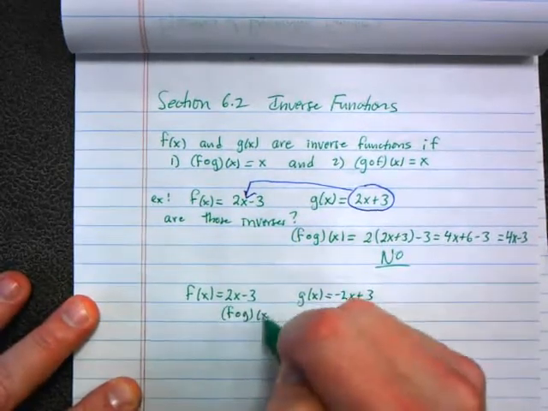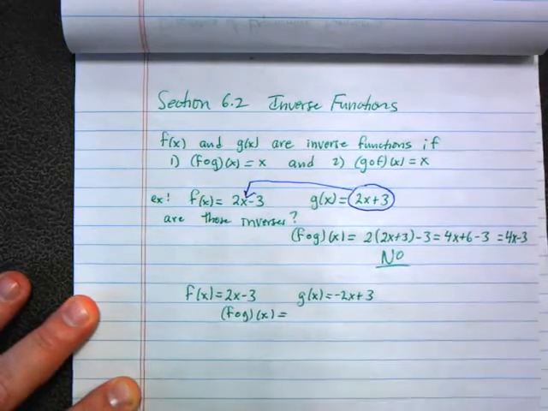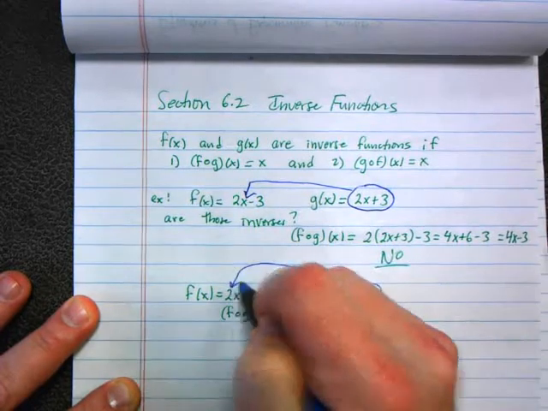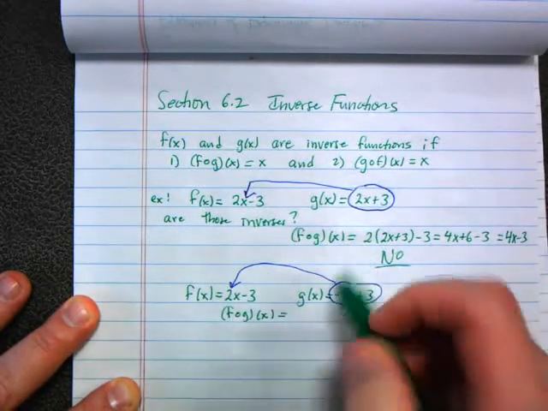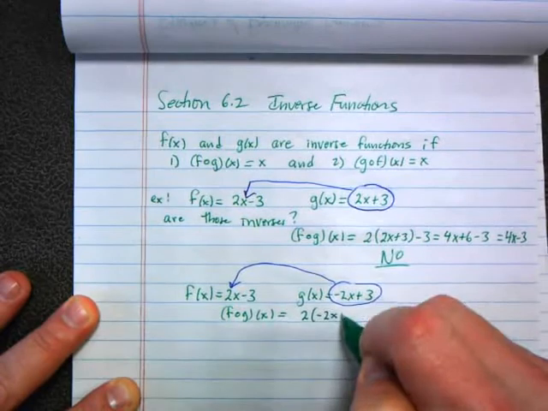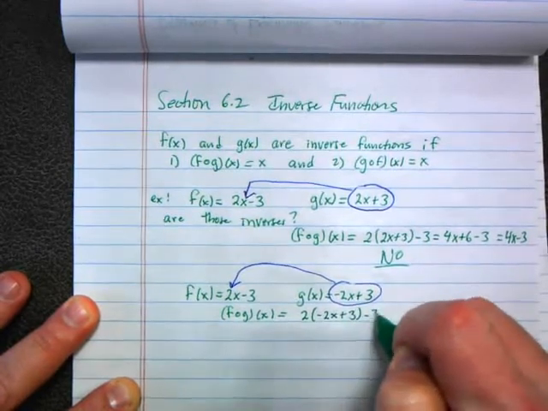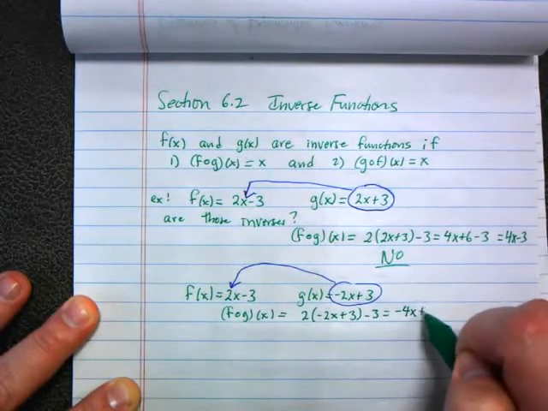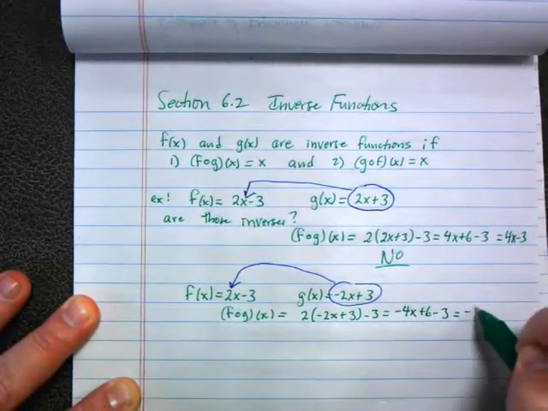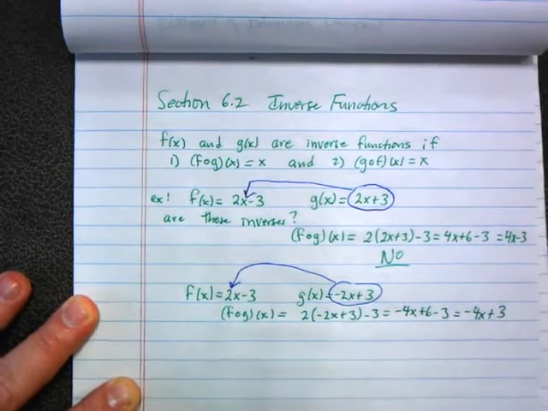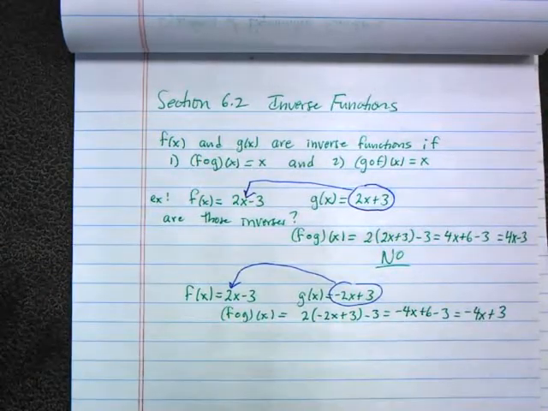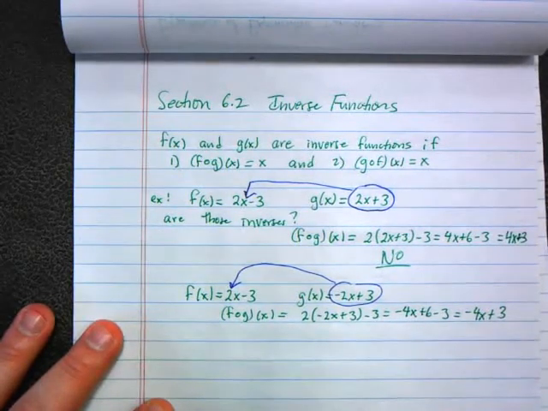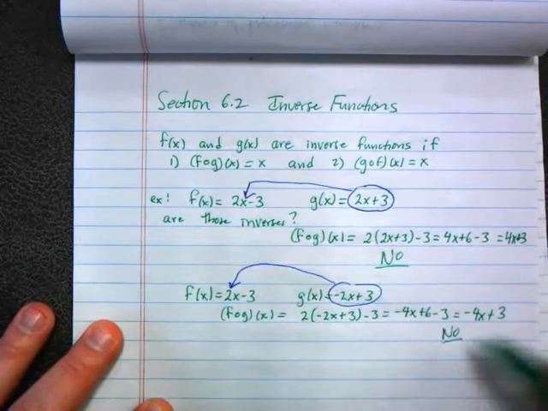F of g would be, I take this, I plug it in there, so that's 2 times negative 2x plus 3 minus 3. That's going to be negative 4x plus 6 minus 3. That's negative 4x plus 3. Still didn't get x. So, no, that one's not right either.